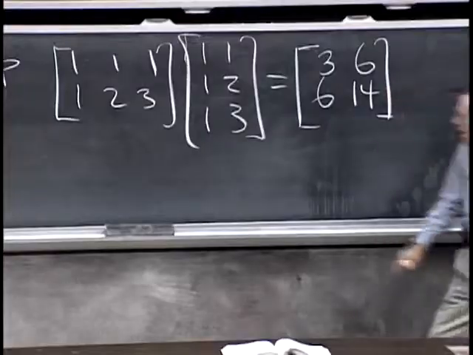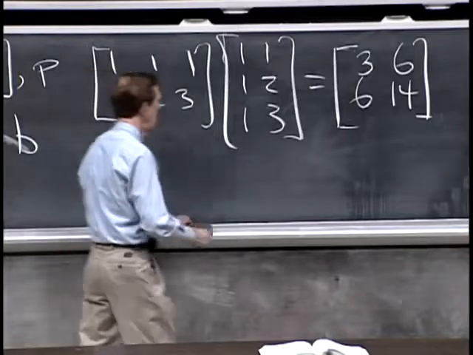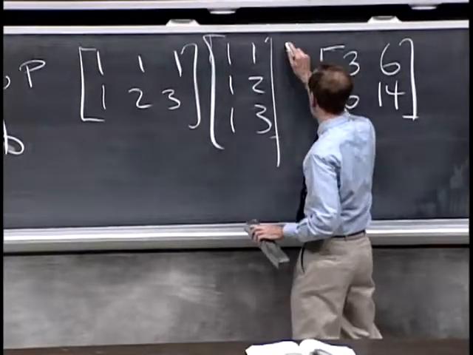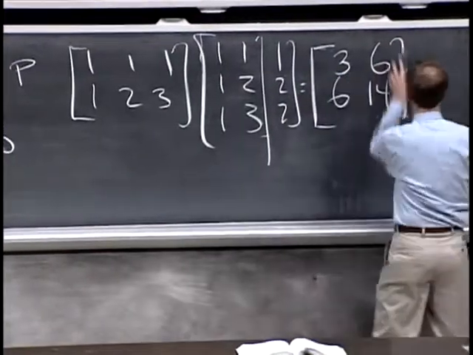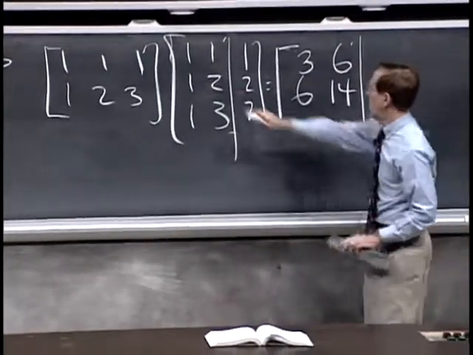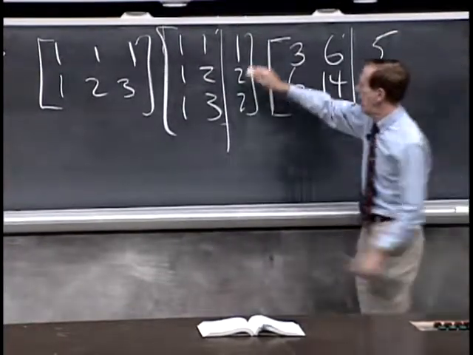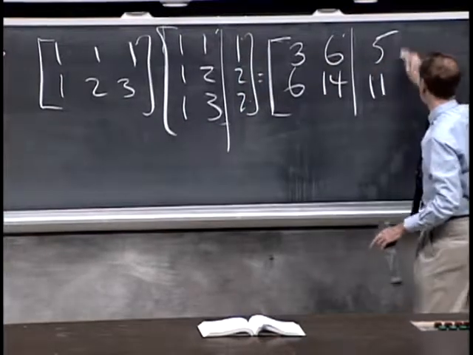Okay, and now let me figure A transpose B. So can I tack on B as an extra column here? 1, 2, 2. A transpose B looks like 5 and 11.